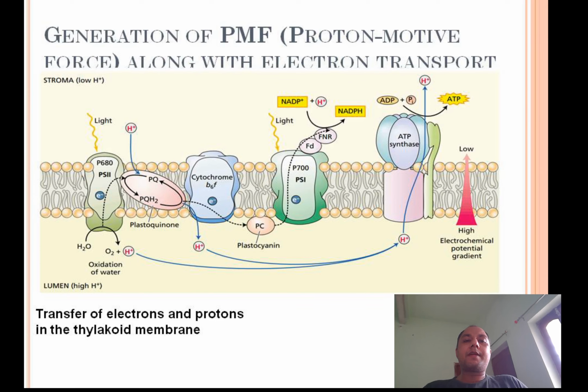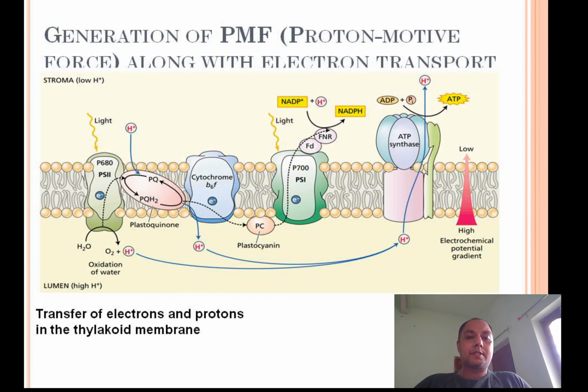This is how ATP is synthesized, and such a procedure is called photophosphorylation, because ultimately it is the light which is responsible for the synthesis of ATP.